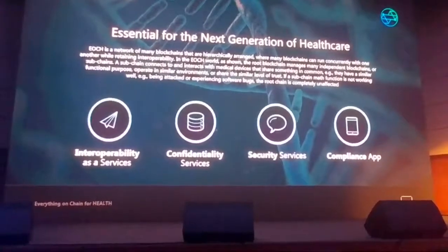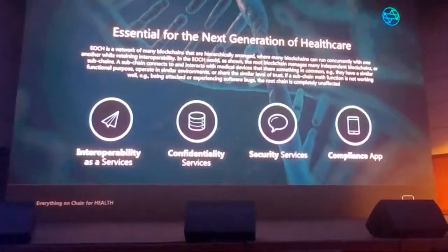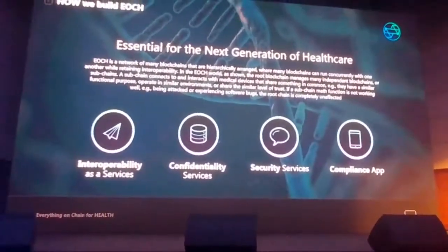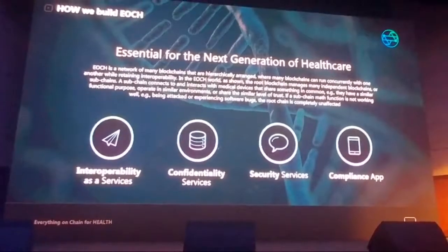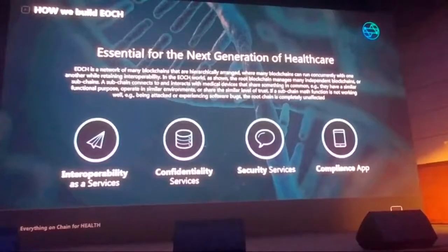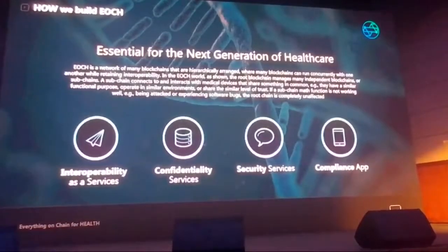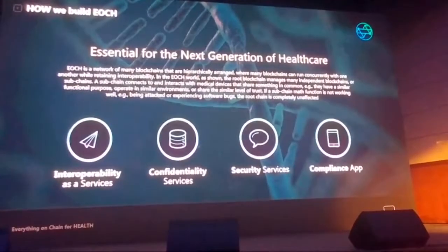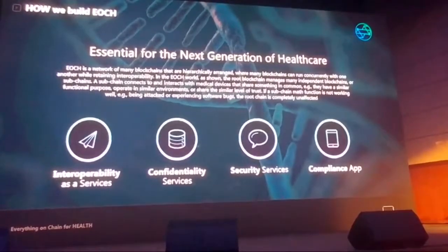While it retains interoperability in the Eoch world, as shown here, the root blockchain manages many independent blockchains, or subchains. A subchain connects to or interacts with medical devices, like the Apple Watch I'm wearing, with medical devices that share something in common.